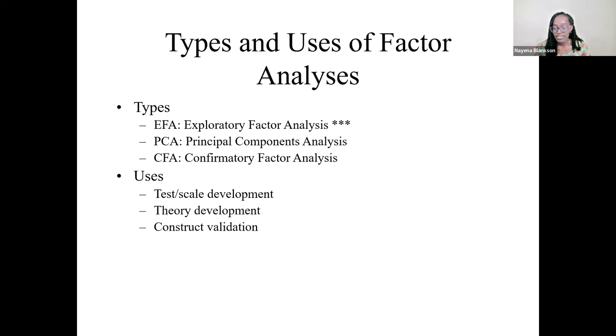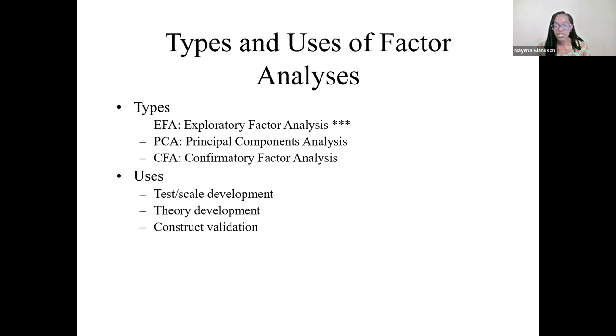And by one study, I mean one researcher conducting a study, maybe developing a test, and they've written a set of 50 to 100 items and want to see what underlying constructs these different items measure.